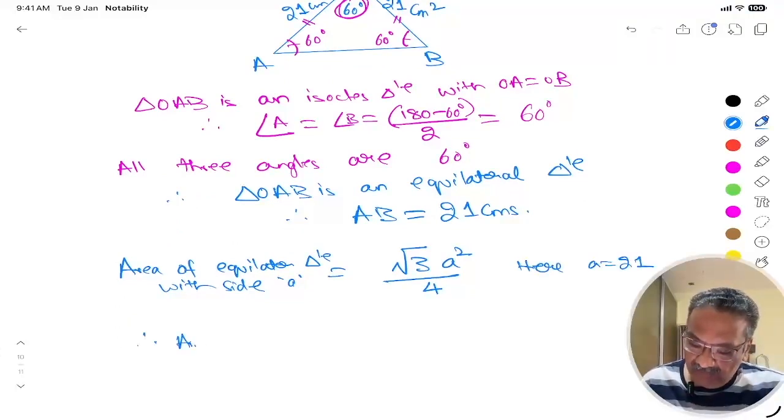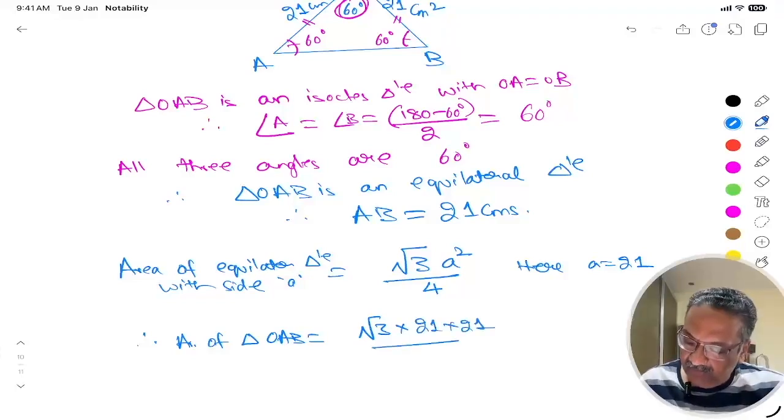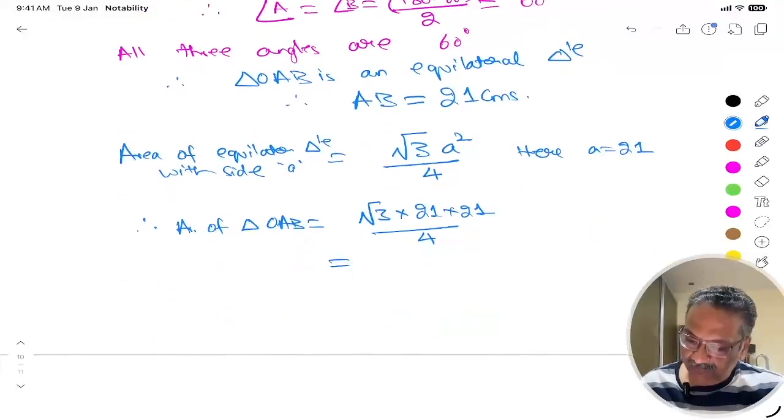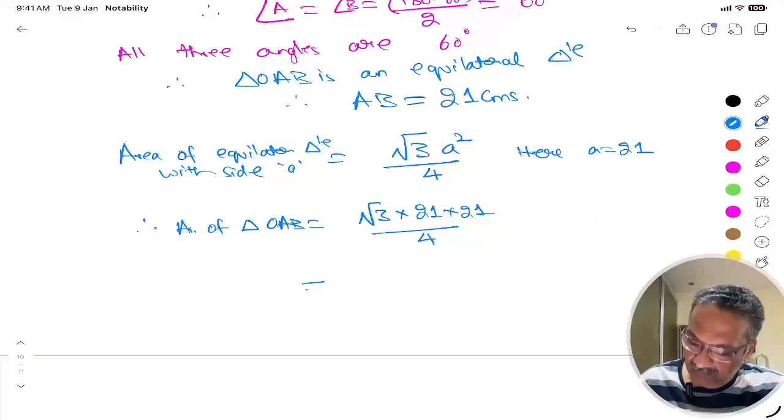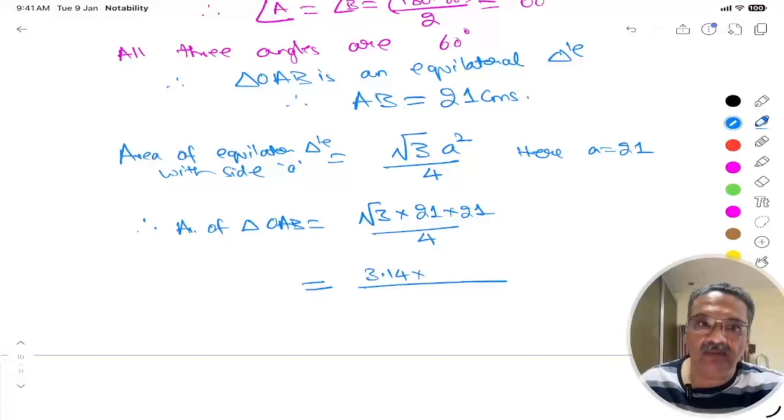Therefore, area of triangle OAB is equal to square root of 3 into 21 into 21 divided by 4. All right. So we have to solve this. How much is this? This is equal to 3.14 into 21 into 21 by 4.